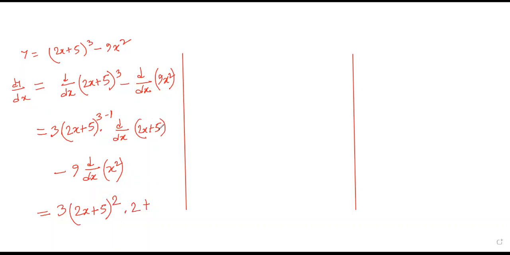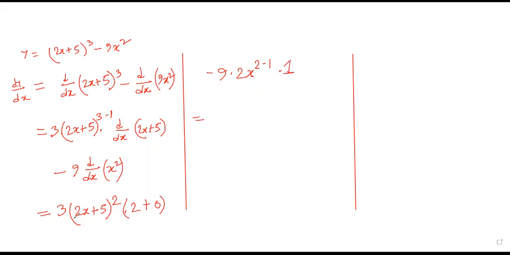And if I differentiate the constant 5, then it will be 0. I hope you have got my solution here. Now this minus, I have written here, now 9. Again, the power is 2. So x to the power 2 minus 1. And if I do the differentiation of the base, it means 1. So it will be x.